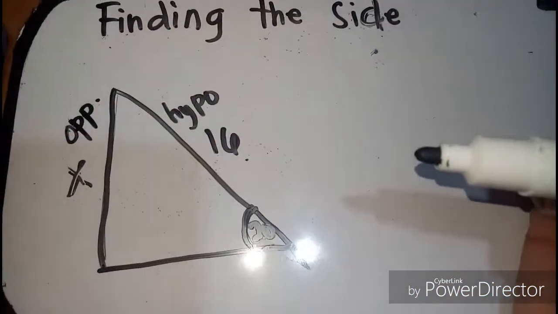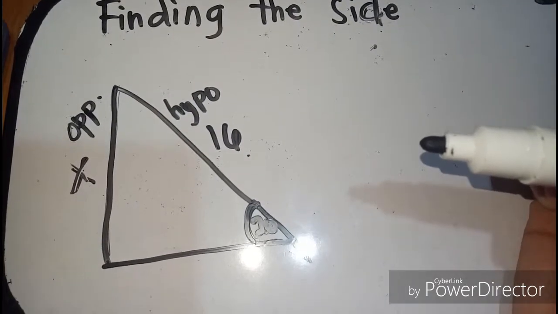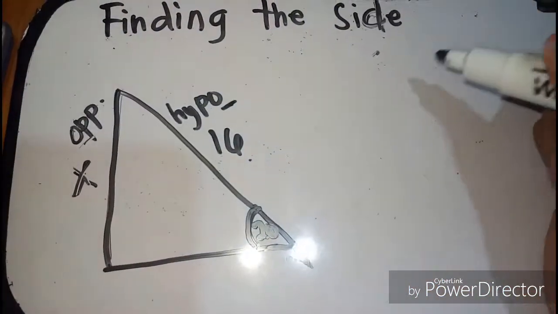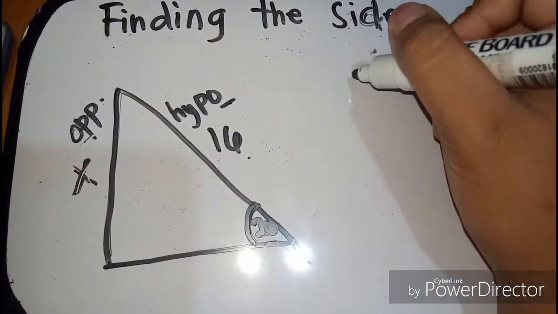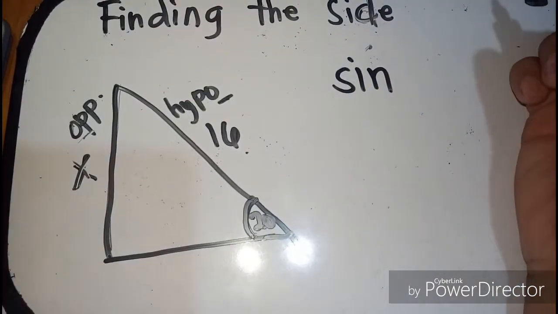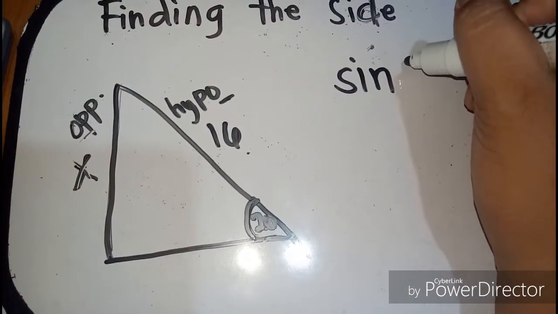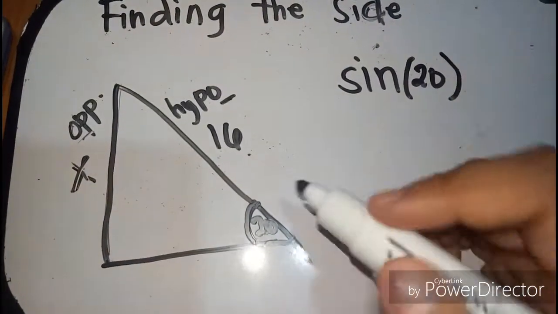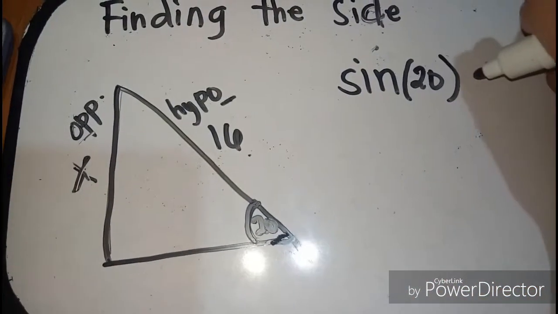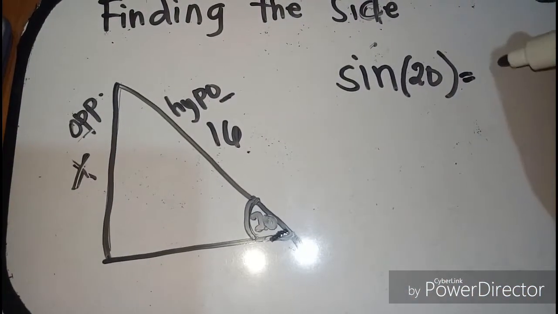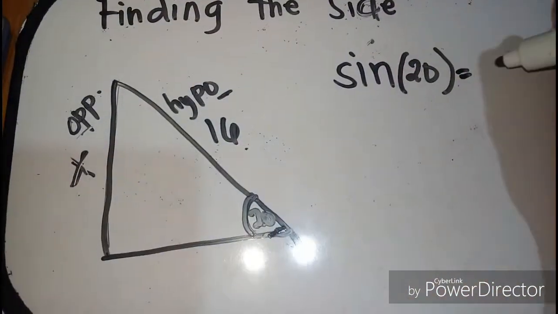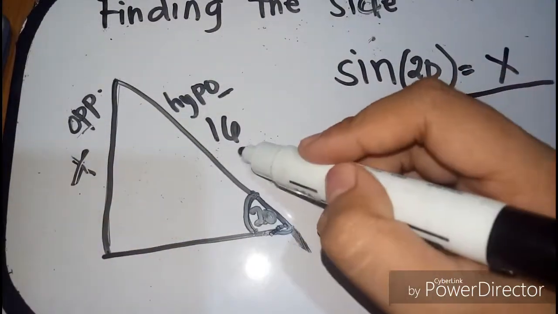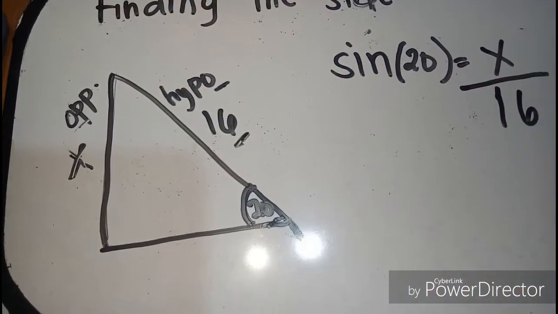So the example given to you has the hypotenuse and the opposite. So we're going to use the formula of sine. So sine of the angle, which is 20, equals the opposite, which is x, the unknown, over the hypotenuse, which is 16.